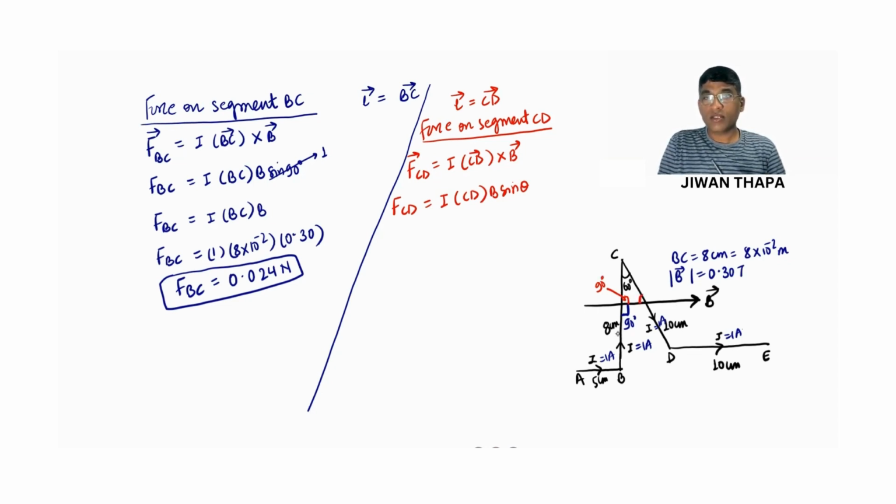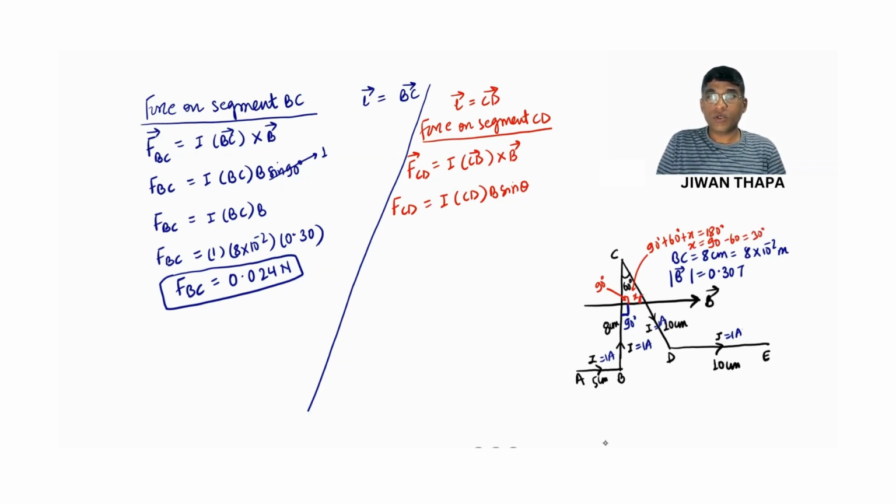In this triangle, let's call this angle X. 90 plus 60 plus X equals 180 degree. Therefore, we find X equals 90 minus 60 equals 30 degree. So this angle is 30 degree.